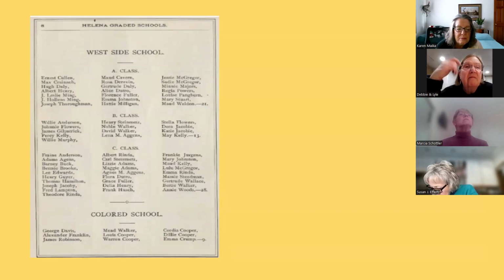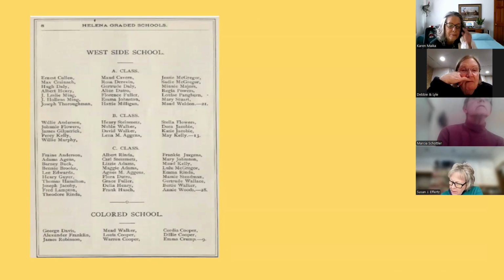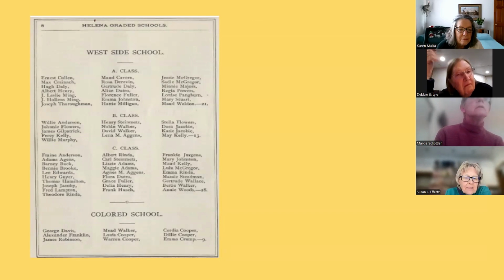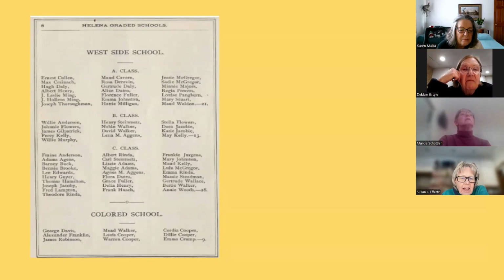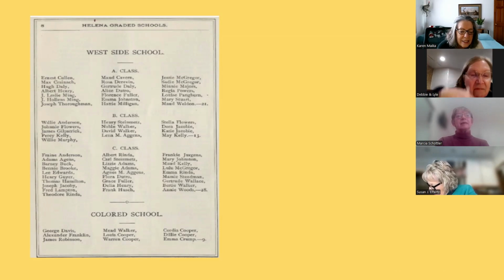Here's that West Side school that they had. There's evidence that they had probably 5 schools in 1879 in Helena, besides the commercial schools, for business and so on. But look at the bottom. They also had a colored school. 9 kids, several families attending their very own school, colored school, and it was sponsored by the county.